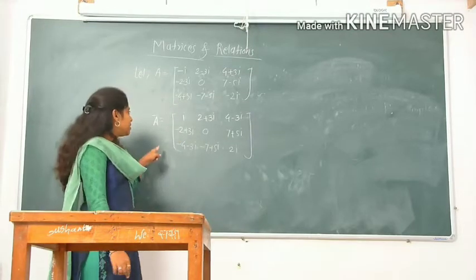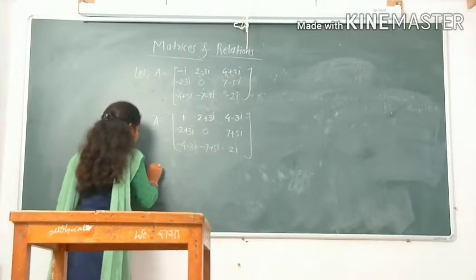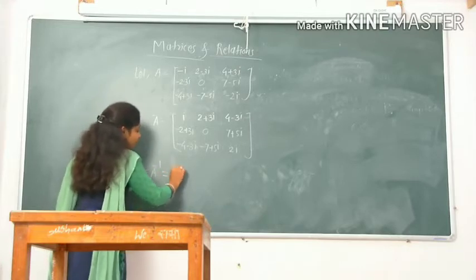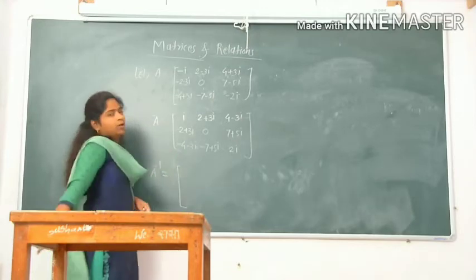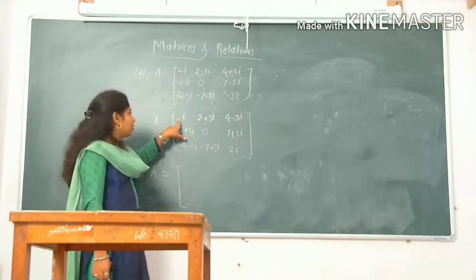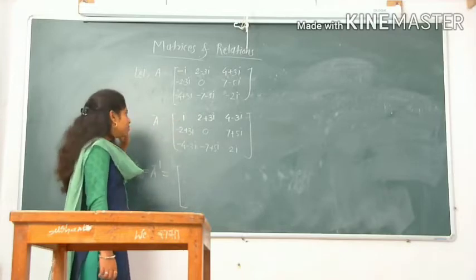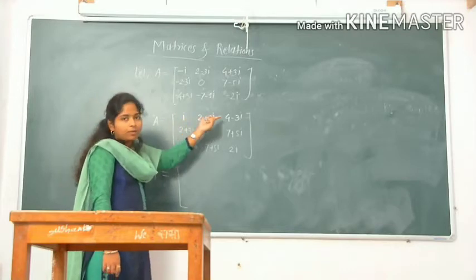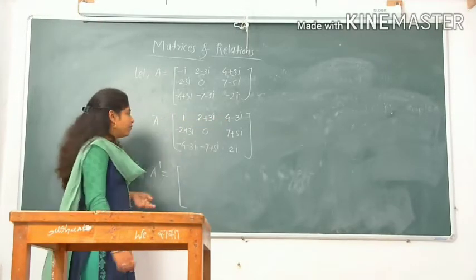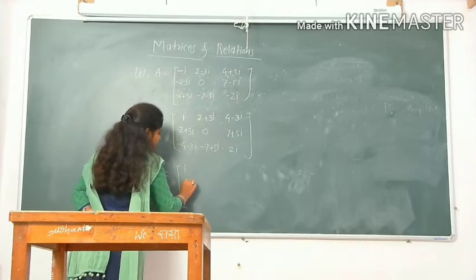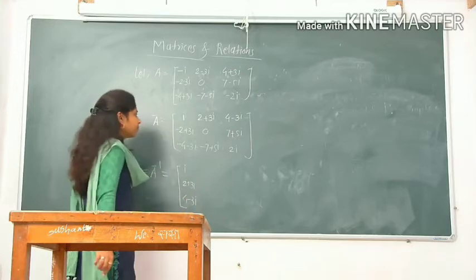Now we take its transpose, that is A bar transpose, which is nothing but A raised to theta. Taking the transpose means we interchange all the rows and columns of matrix A bar. So I take the first row of matrix A bar as the first column of matrix A raised to theta, that is i, 2 plus 3i, 4 minus 3i.